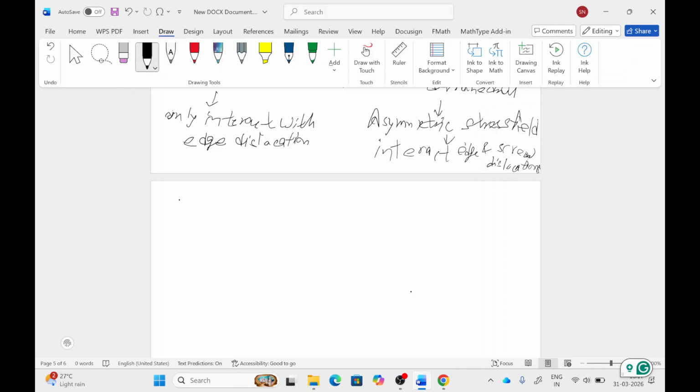Because the stress field of the substitutional solute atom has two components, meaning it is interacting with edge dislocations.